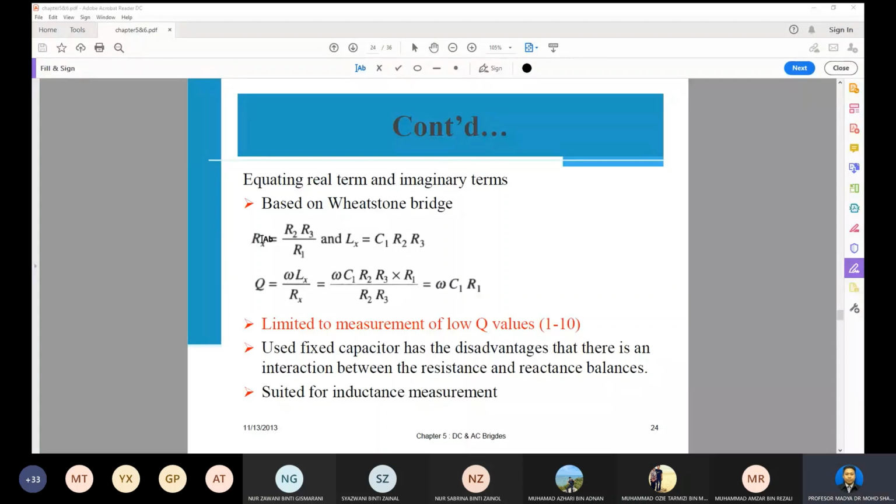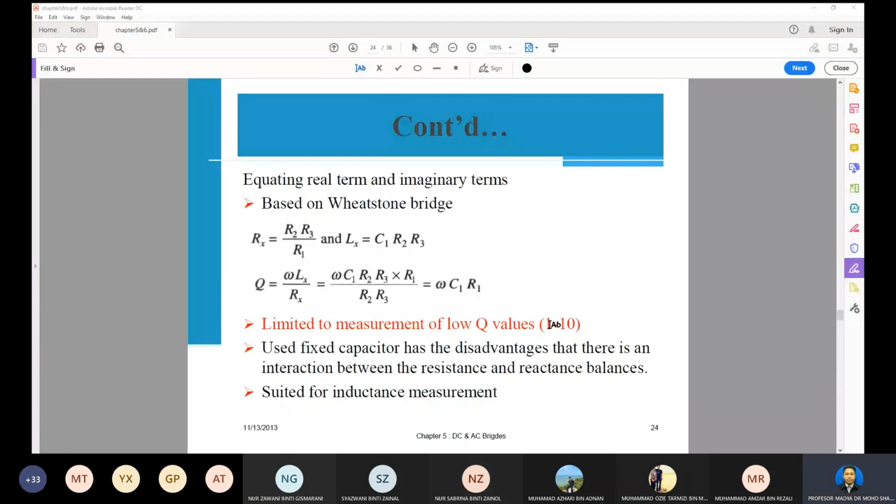We substitute the Rx and Lx here and we can cancel out R2 and R3, so Q equals omega multiplied by C1 R1. That is the formula to calculate Q. The function of Maxwell is to measure inductance for the low Q value, the range from 1 to 10.